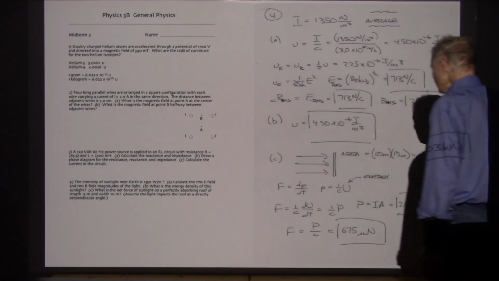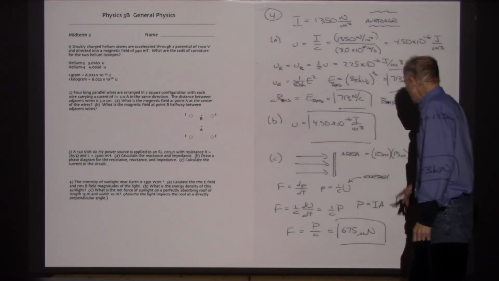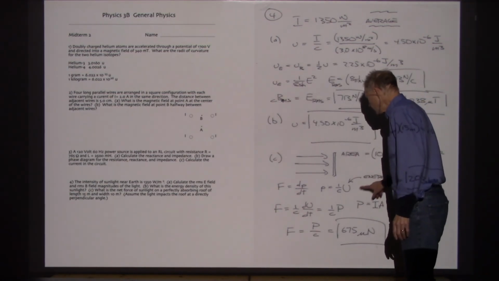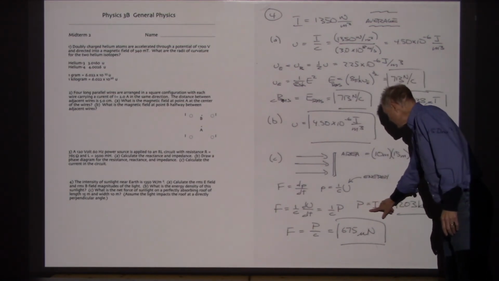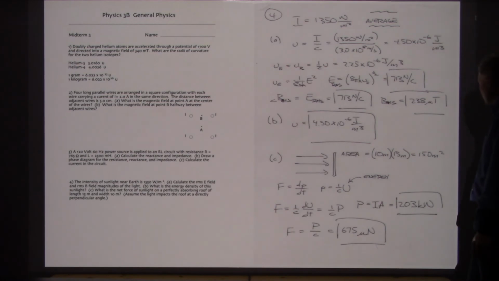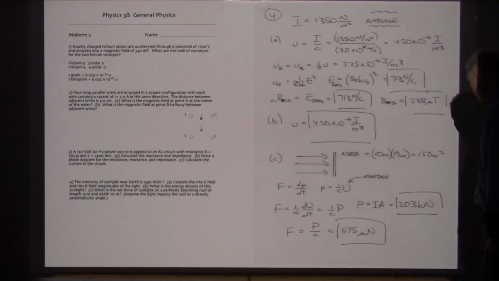So the force then can be given as 1 over c du/dt, where u is the energy of the sunlight. Energy per time is power, and power is intensity times area. So the rate at which energy is coming in is 200,000 watts. So that's a roof.